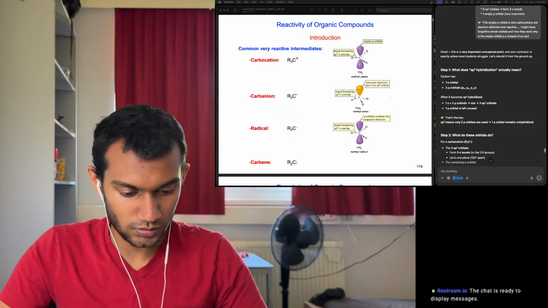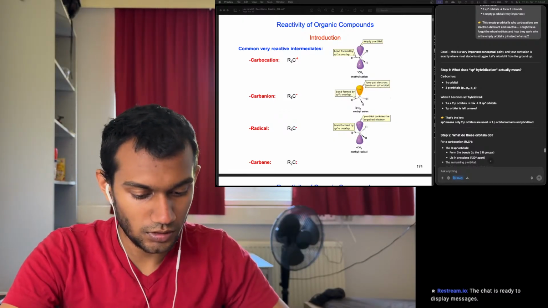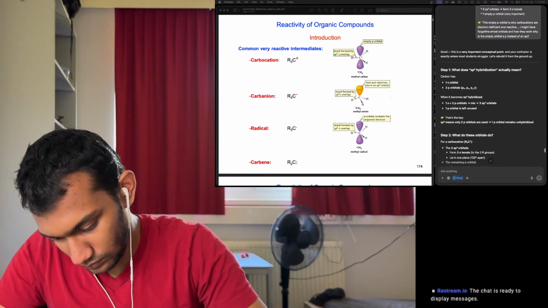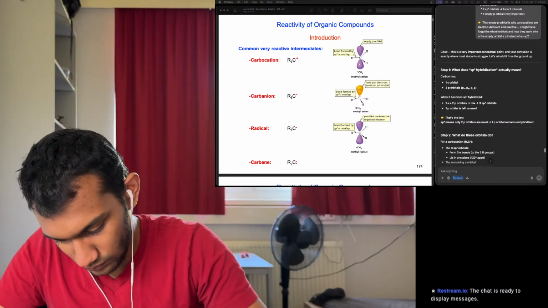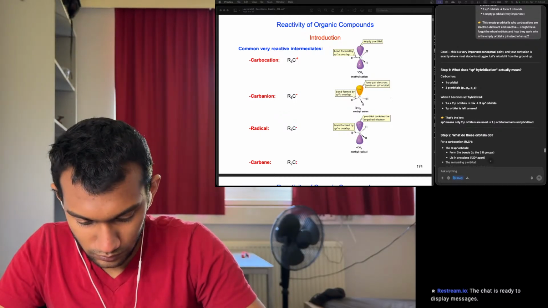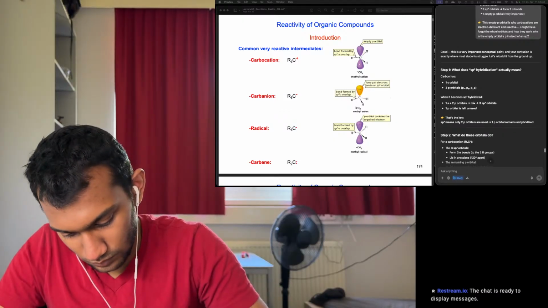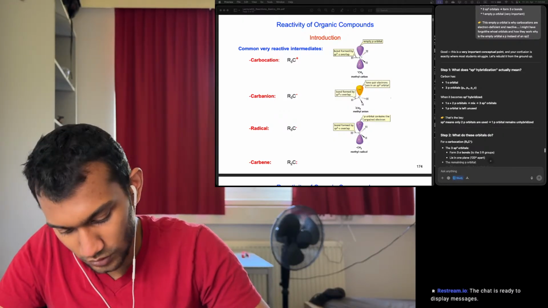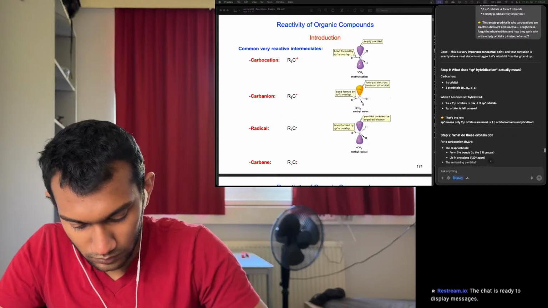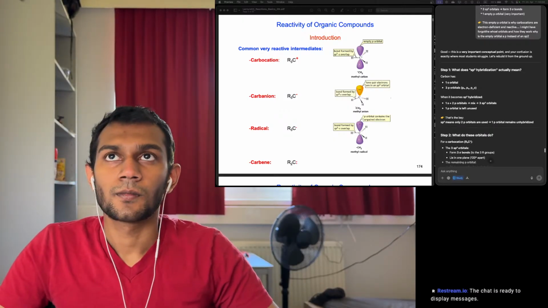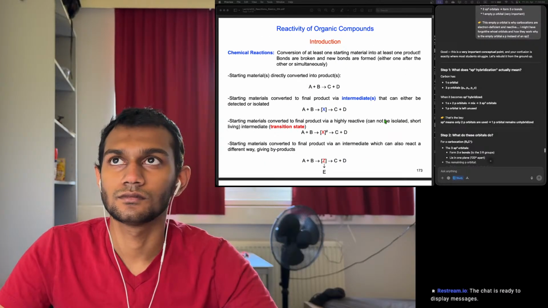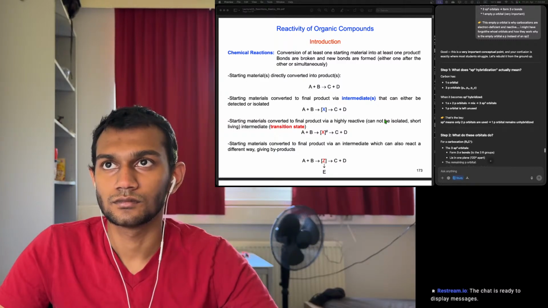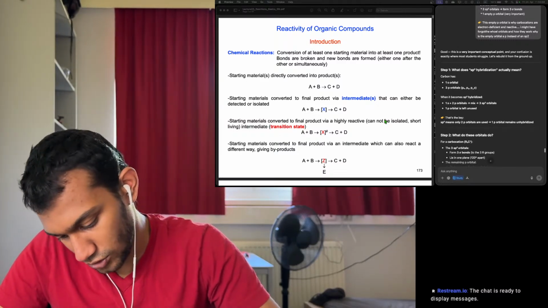So I'll name this note organic chemistry reaction mechanism. Reaction.